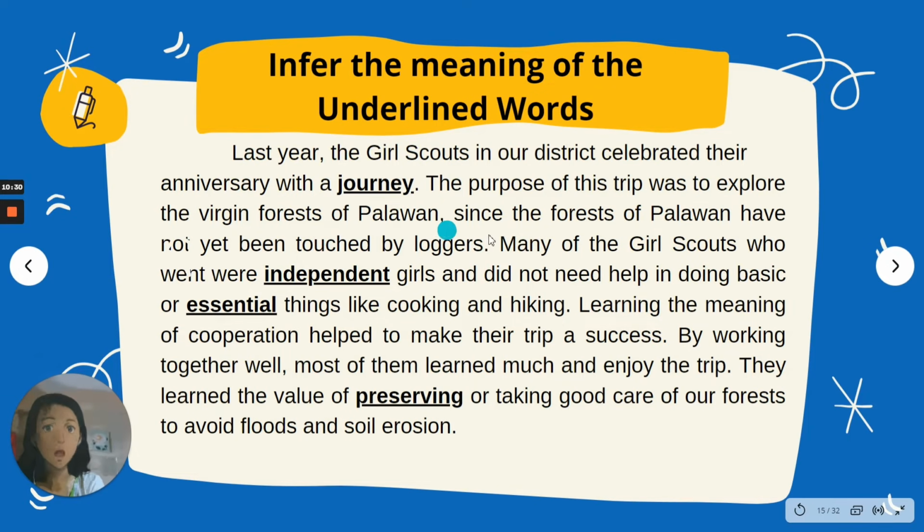Since the forests of Palawan have not yet been touched by loggers, many of the Girl Scouts who went were independent girls and did not need help in doing basic or essential things like cooking and hiking. Learning the meaning of cooperation helped to make their trip a success. By working together well, most of them learned much and enjoyed the trip. They learned the value of preserving or taking good care of our forest to avoid floods and soil erosion.